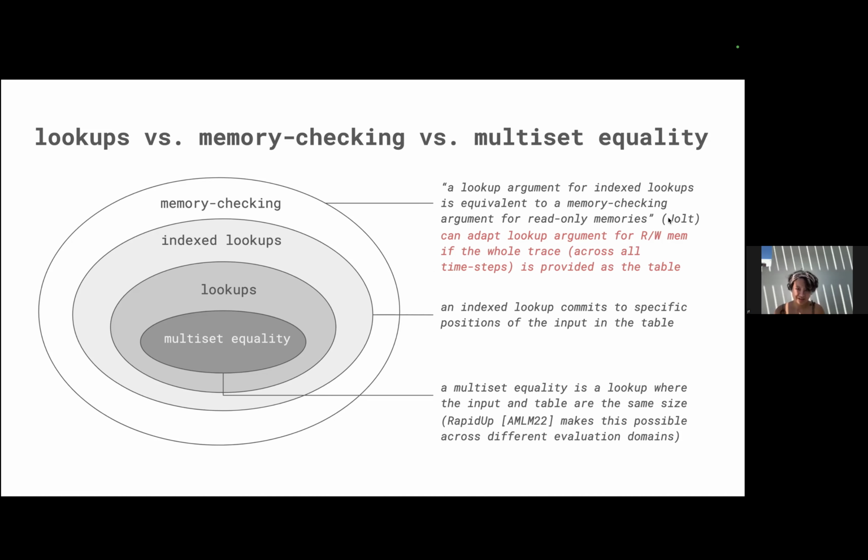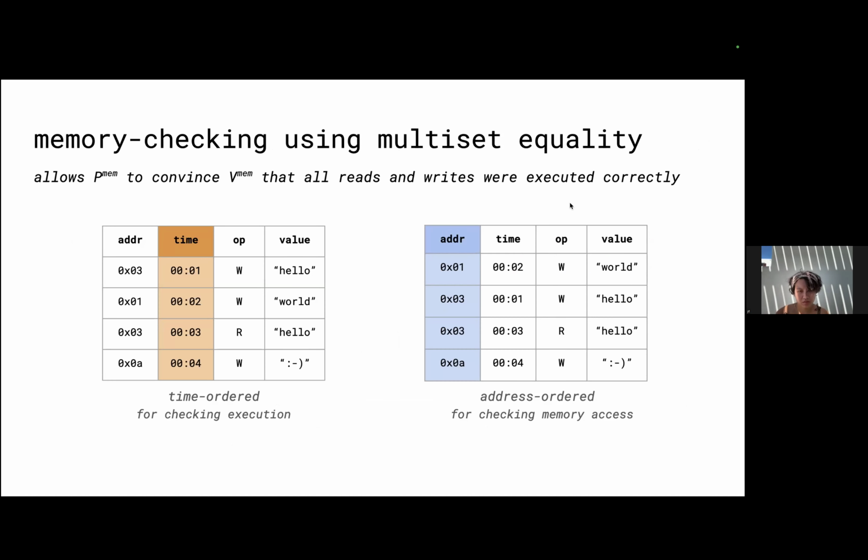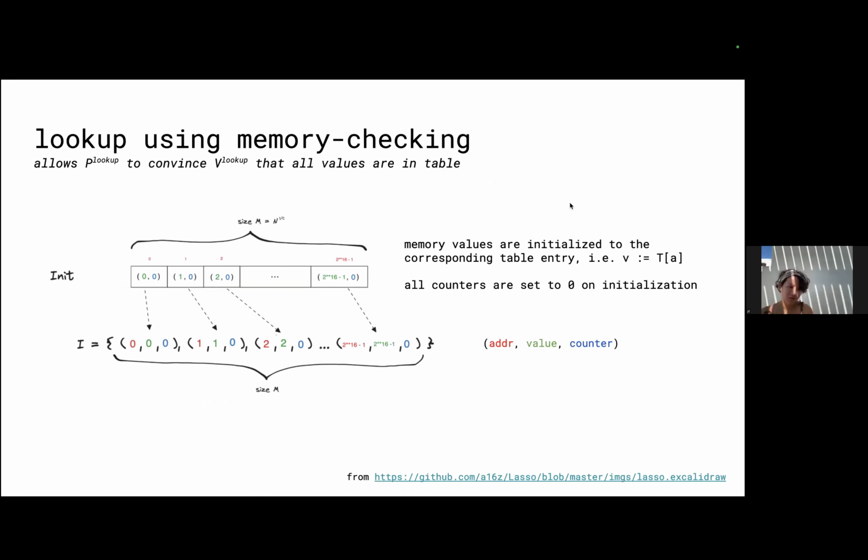So you're only ever proving inclusion in a static list, and therefore a lookup argument would suffice. A lookup argument here would be equivalent to memcheck for read-only memories. So actually, let's go through this example.